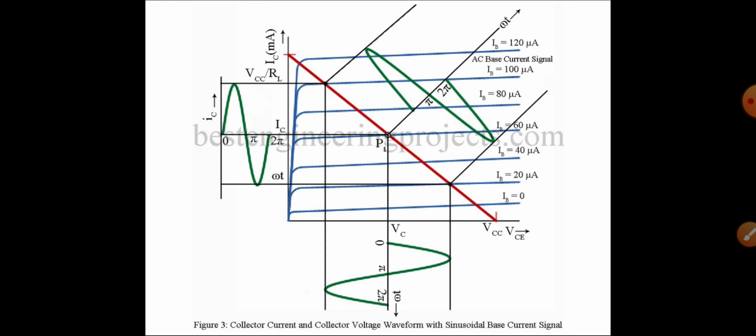So this is a very basic explanation of a load line analysis and input output waveforms. I also told you how the 180-degree phase shift comes into picture for this common emitter amplifier. So I hope you all understand about the load line analysis of common emitter amplifier.